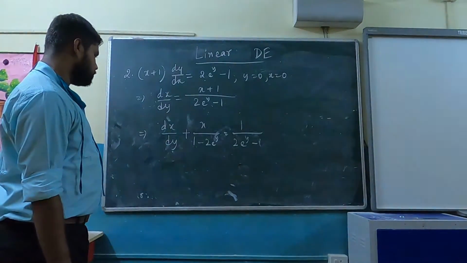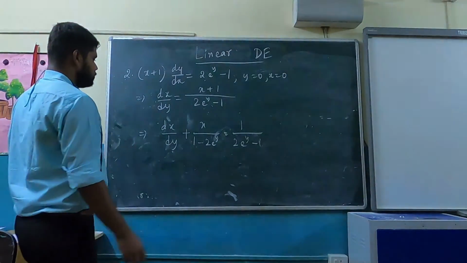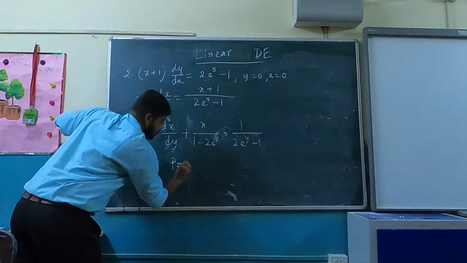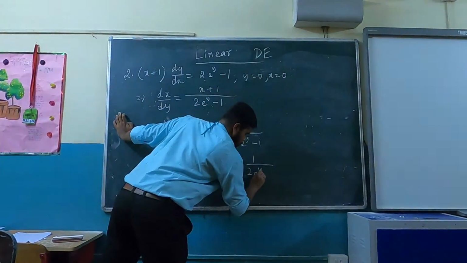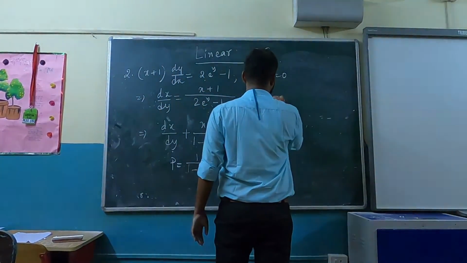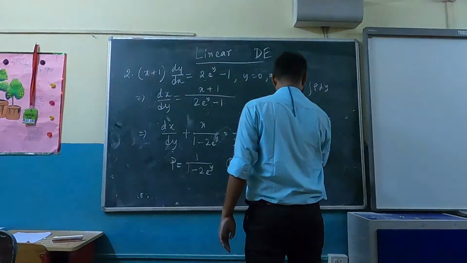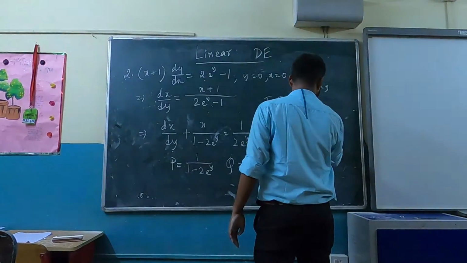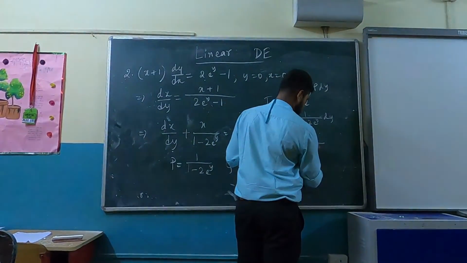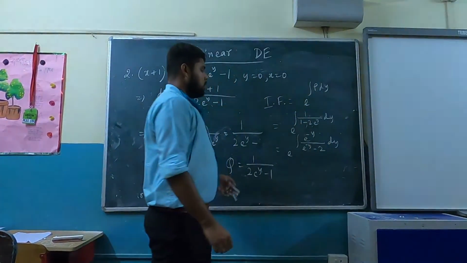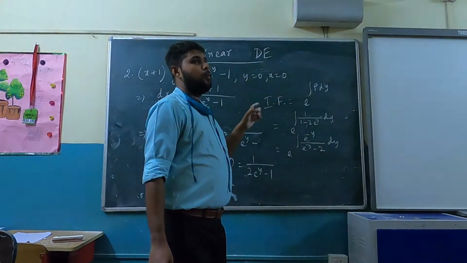So consider this as z, then this becomes minus dz, so it becomes minus of log z.